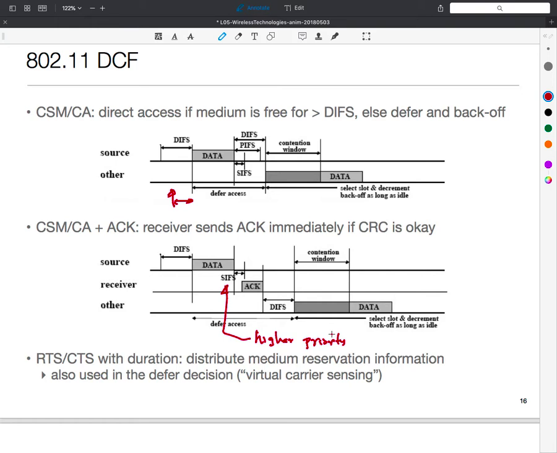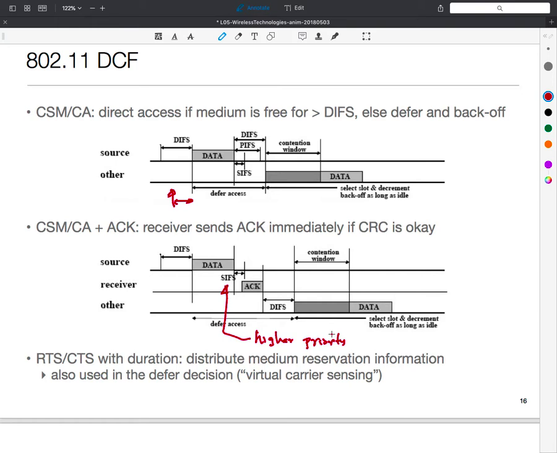But the challenge is that we want these intervals to be large enough so that everyone gets to know the state of the channel over the network. So they have to be at least as long as whatever the delay across your network could be. These things become challenging if you attempt them over very long links like miles or tens of miles, but over short distances they don't seem to be an issue.